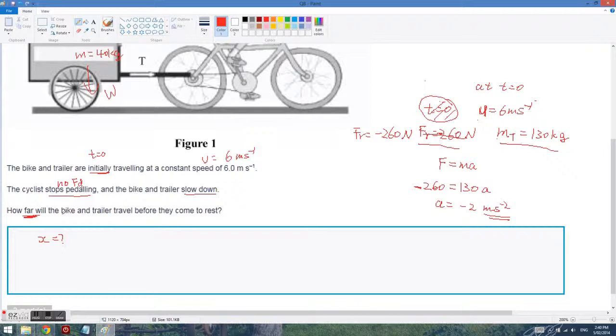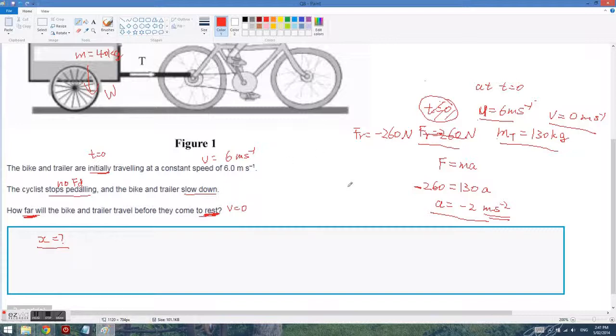How far will the bag and the trailer travel before they come to rest? When you say the word rest, it means your final velocity will be 0. That's why it stops. Now we have u, we have v, I have the value of acceleration. I need to find the displacement.